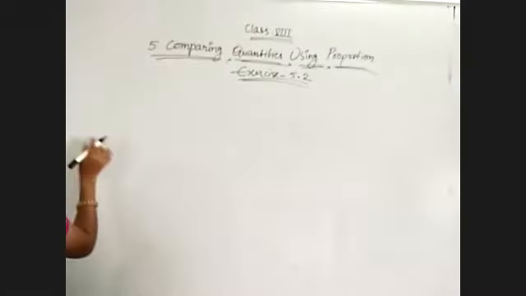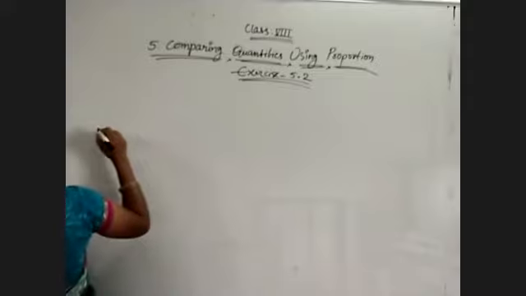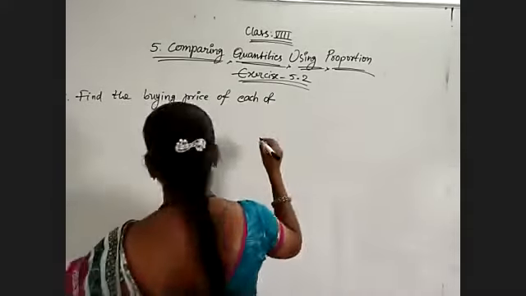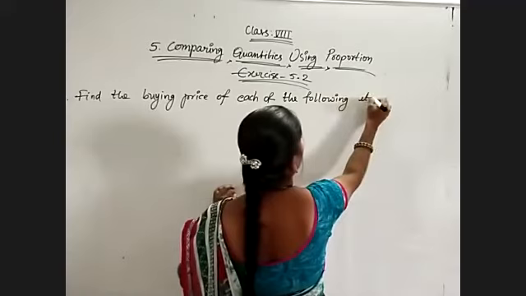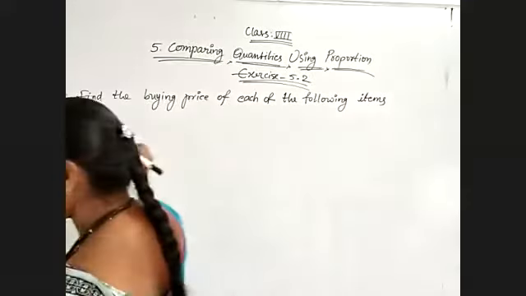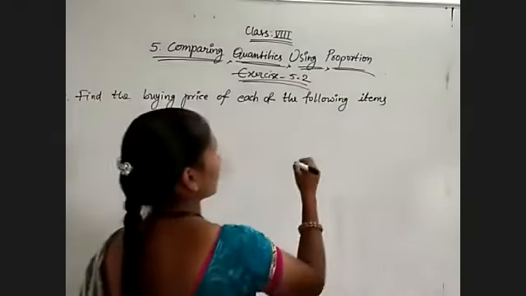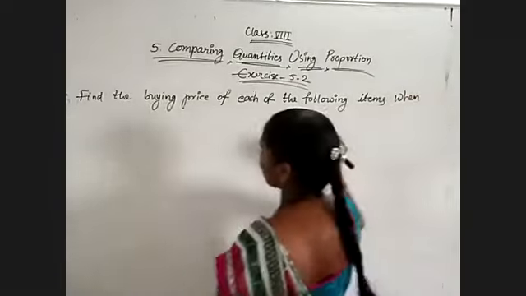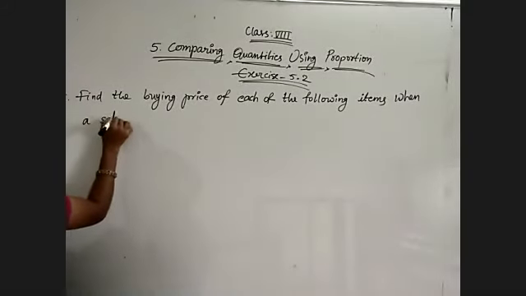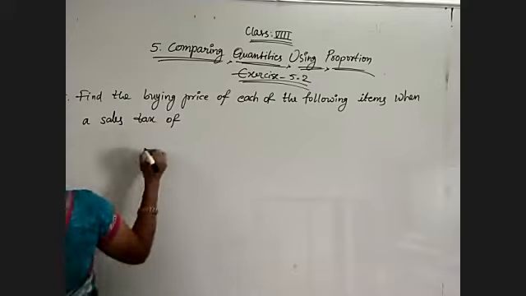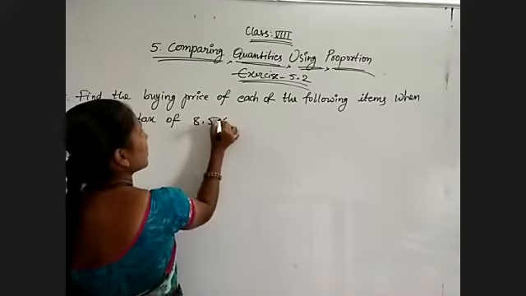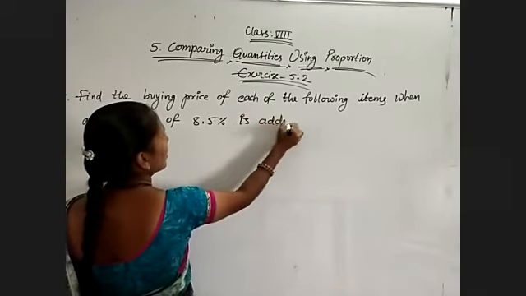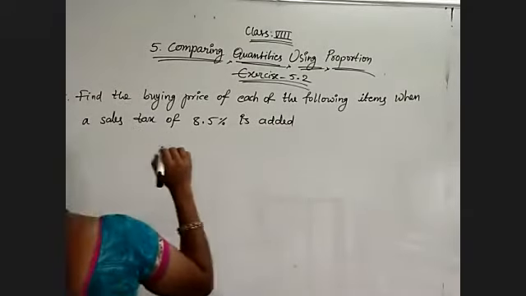So here my 15th question is, find the buying price of each of the following items when a sales tax of 8.5% is added on them.